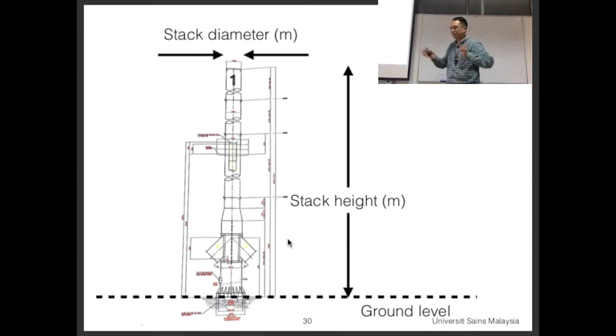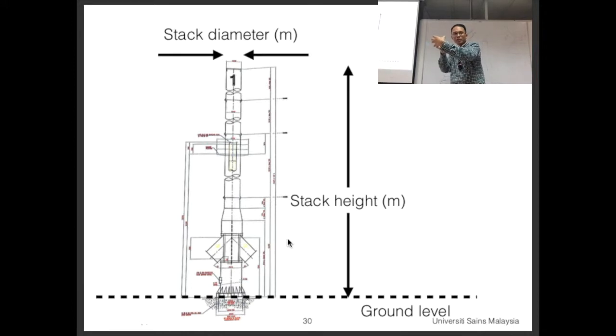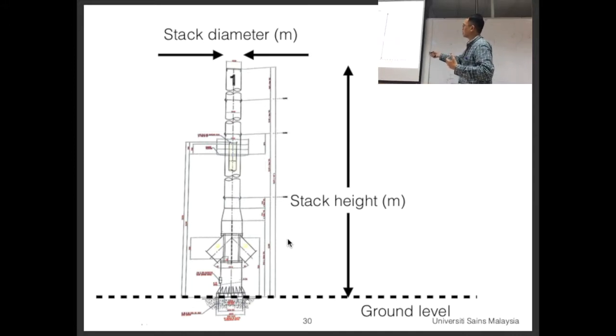It could be a small hole in the middle of the stack. That is the actual exhaust. So sometimes you cannot use the stack diameter that they give to constitute the actual diameter of the exhaust. You have to be sure whether maybe this one small hole here is the actual exhaust diameter instead of this entire thing.